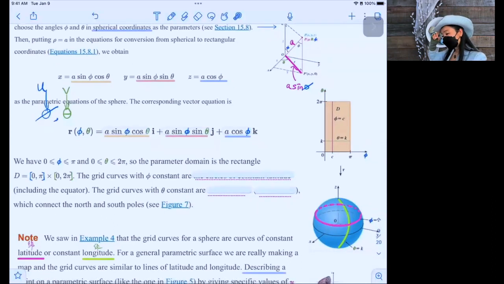So what are the grid curves? Let's think about the grid curves. If you keep phi constant, what happens?